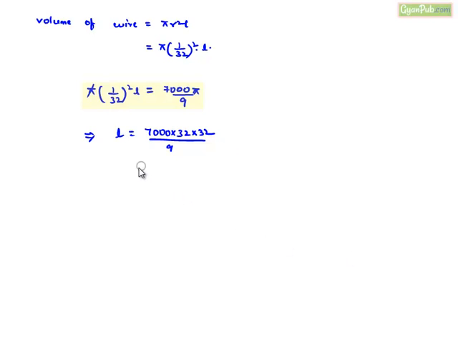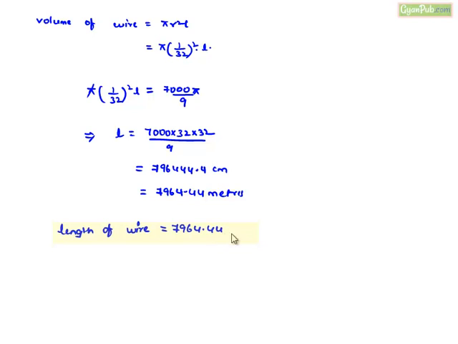That value is equal to 7,96,444.4 centimeters, which is equal to 7,964.44 meters approximately. Therefore, the length of wire that is formed by the frustum is 7,964.44 meters.